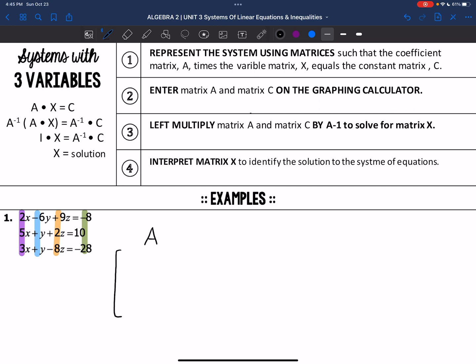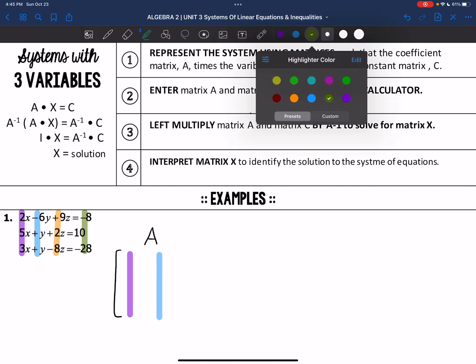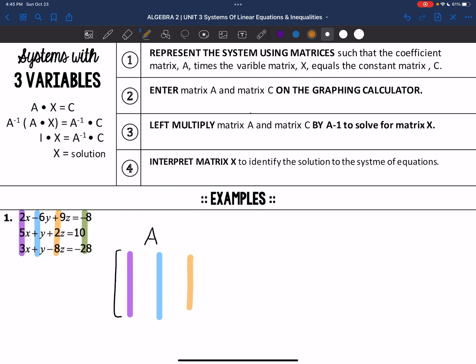So we are going to put our coefficients in order like we have them, beginning with our first column as our coefficients of x, our second column as our coefficients of y, and then our third column as our coefficients of z. So that would mean I would have in my first column 2, 5, and 3.